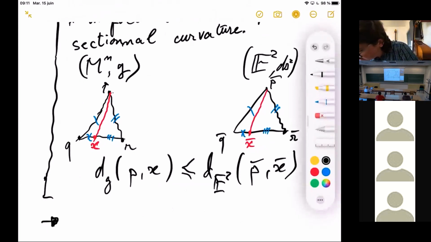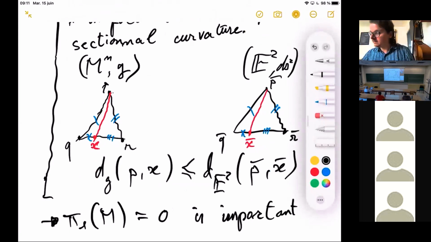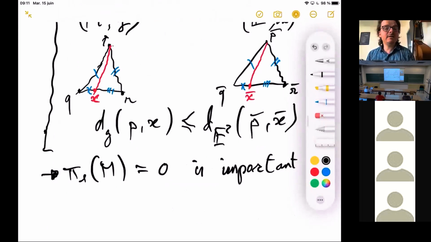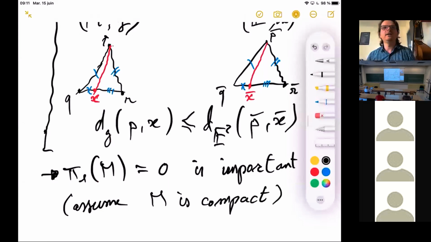So yes, simple connectedness is important. Why is that? Because let's assume M is compact. This is not really important, but this will help a little bit.